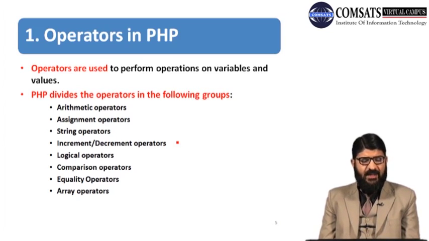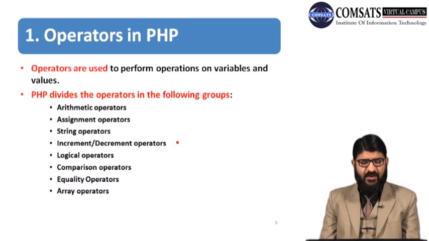The first one is arithmetic operators, then assignment operators, string operators, increment and decrement operators, logical operators, comparison operators, equality operators, array operators. Let's overview all the operators one by one.